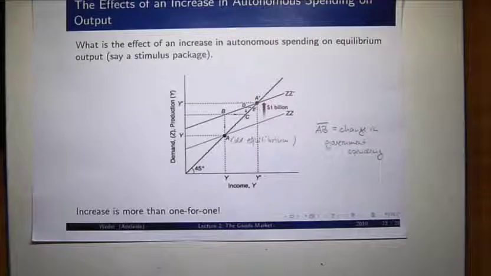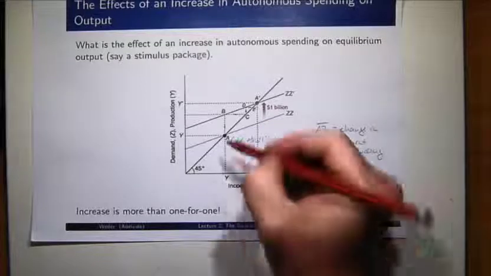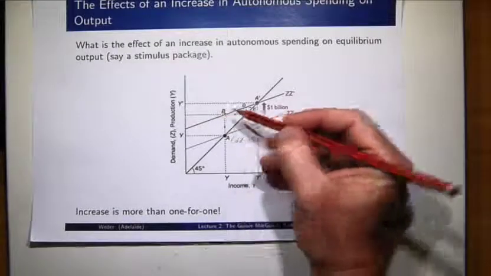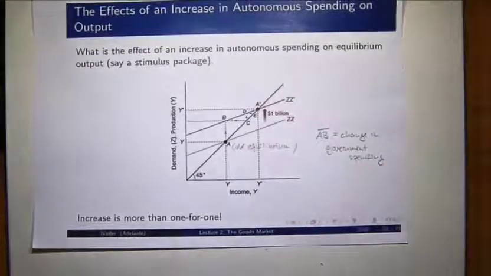What happened in this case? Well, of course, there's an increase in demand for this economy. So you might think the economy moves from point A to point B. But what is the case in point B? Well, in point B, the demand for goods is higher than the supply of goods.